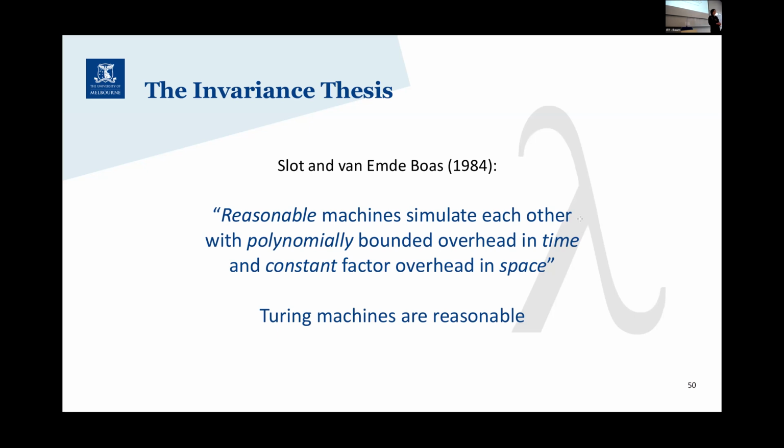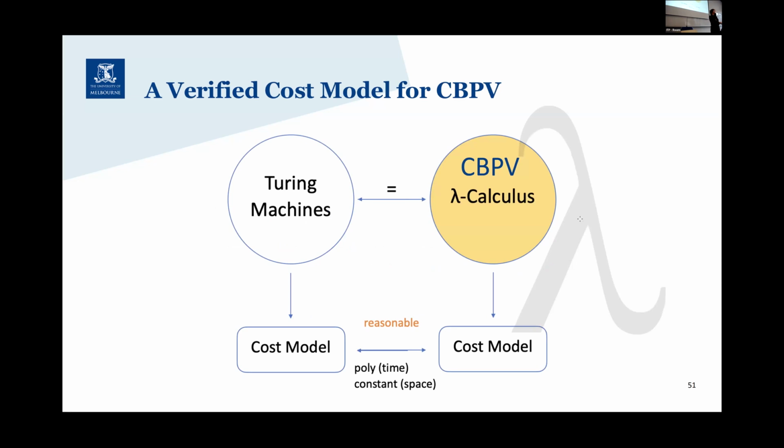Furthermore, they also defined that Turing machines are reasonable. So as long as we can show that our call by push value lambda calculus cost model has a polynomial time overhead and constant factor space overhead against Turing machines, we are then able to show that our call by push value lambda calculus is in fact reasonable.